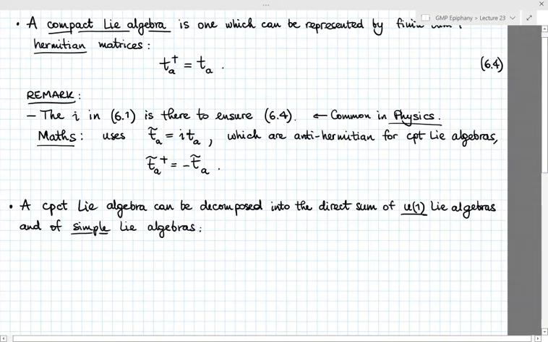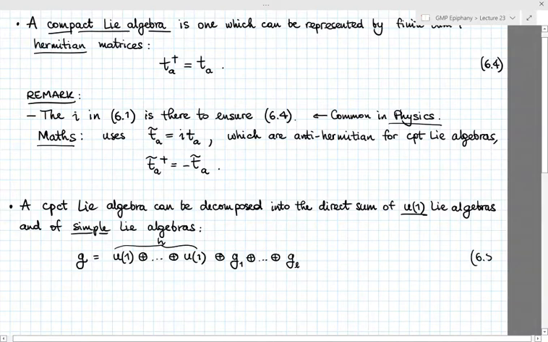This is a result due to Cartan. So in practice, our Lie algebra will be a direct sum of several U1 factors, say H of them, possibly H is 0, and then there might be several simple factors, G1 up to GL. Again, L might be any non-negative integer.